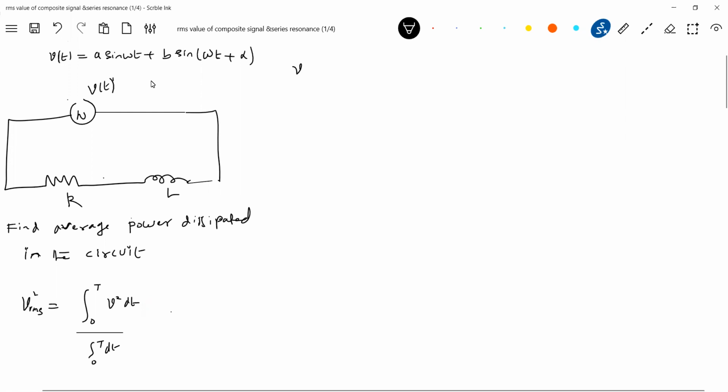This I'll substitute here. VRMS square is equal to 1 by T, integral 0 to T, of A sine omega t plus B sine omega t plus alpha, whole square, dt.